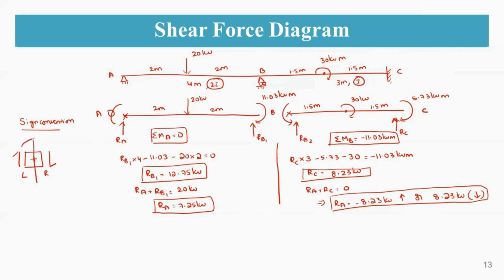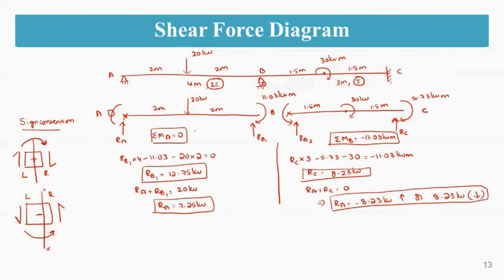So that means they're having a clockwise shear. So clockwise shear means positive shear force. Similarly, when towards your left side it is a downward reaction, and towards your right side it is an upward reaction, which is of anti-clockwise direction, that means the sign convention will be negative.